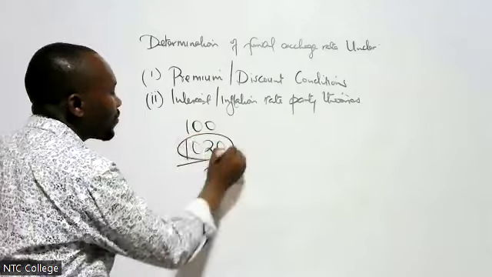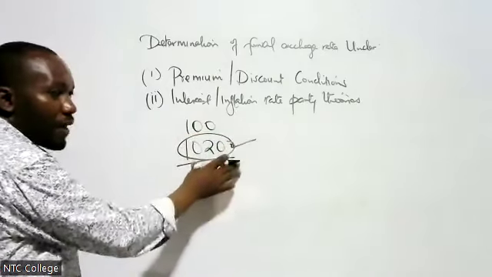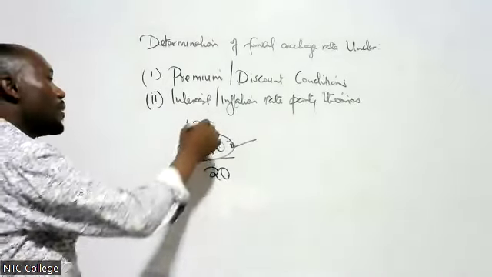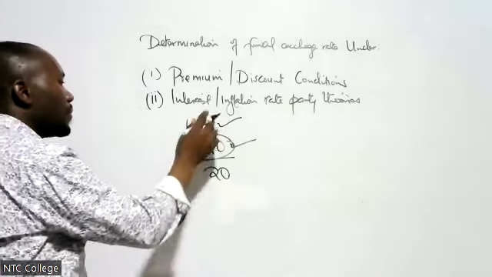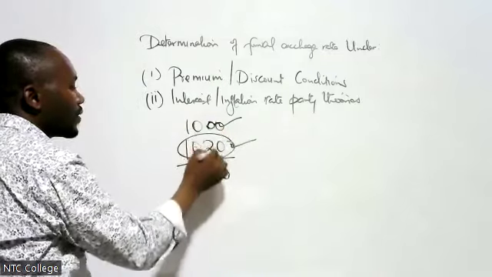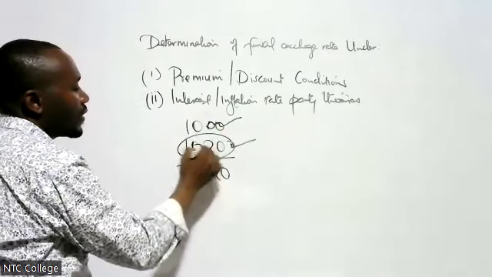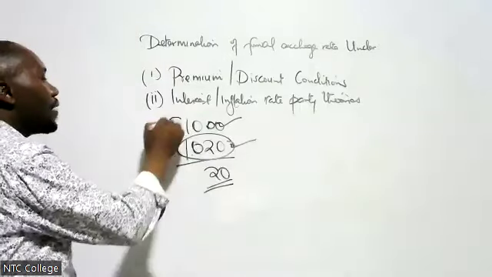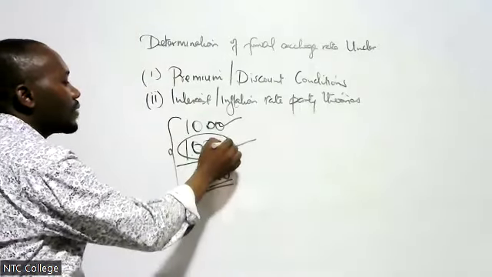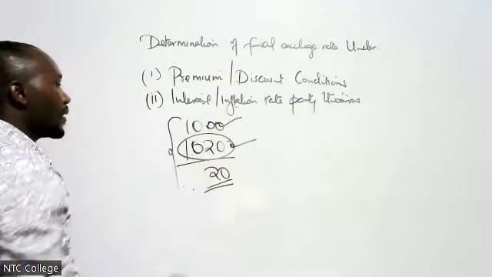Means that the selling price is 120. But hapa nimekuibia. The correct price is 100. It means that with that premium, or maybe 1,000, so I'm selling at 1,020. That 20 bob is a premium.